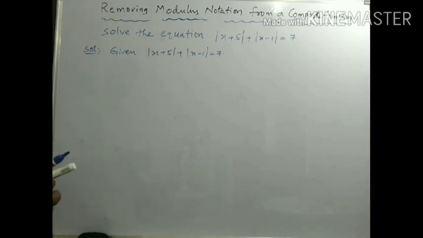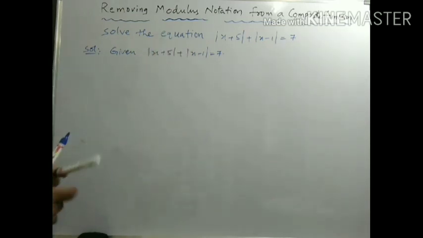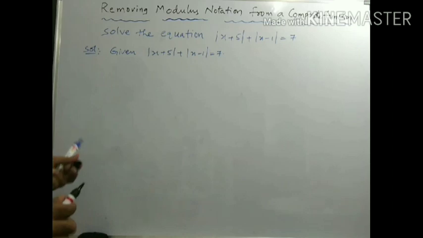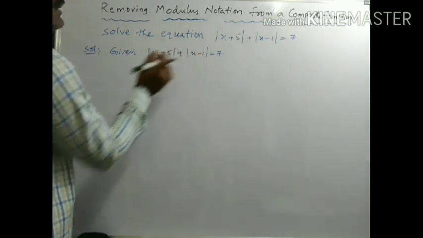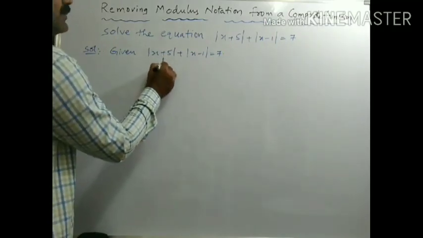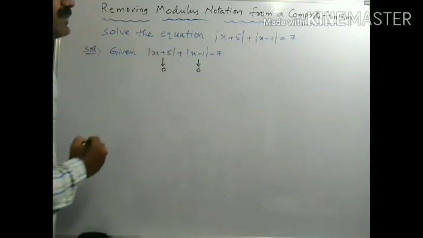So first of all, coming to the solution, write the given condition. The given condition is modulus of x plus 5 plus modulus of x minus 1 equals 7. This is just like some p of x and this is some q of x. First of all, please equate them to zero and find out the values of x.